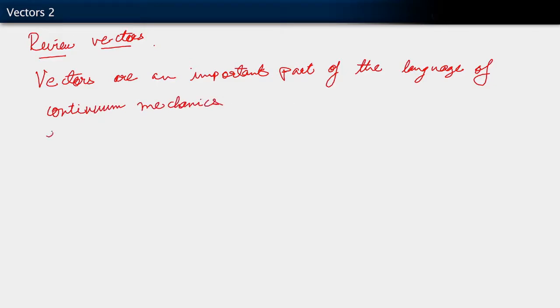Okay, examples include the force or forces, momentum, velocity, right? And of course, there are many others. All right, so this is why we're going to review vectors. We'll start in a fairly simple fashion before we get more intense about it.